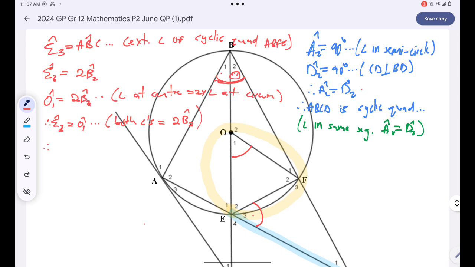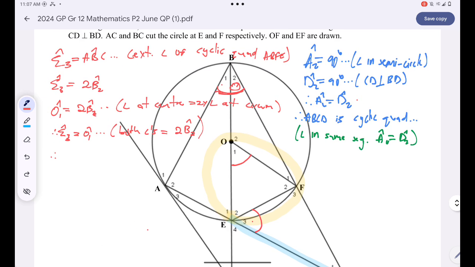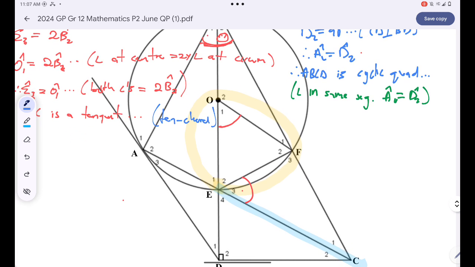Therefore, EC is a tangent to the circle. The reason, you'll simply say tan-chord theorem. Now I've shown that this angle over here is equal to that one.